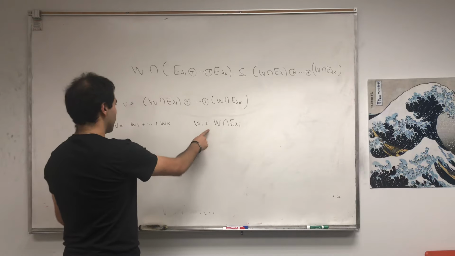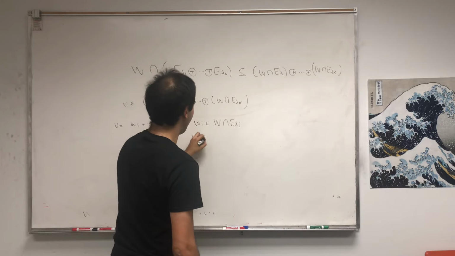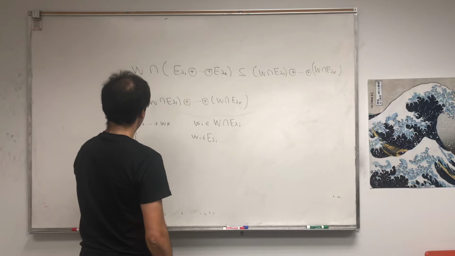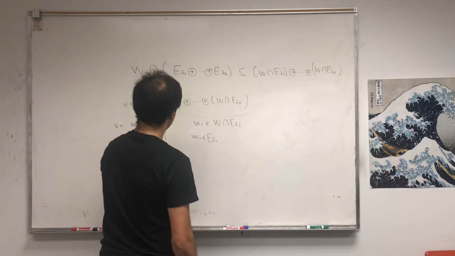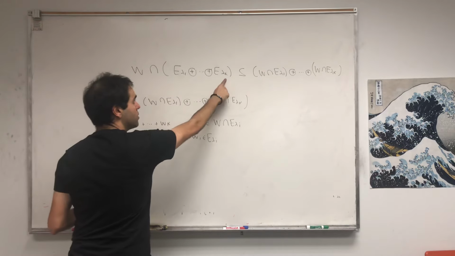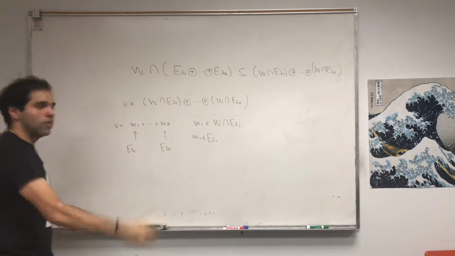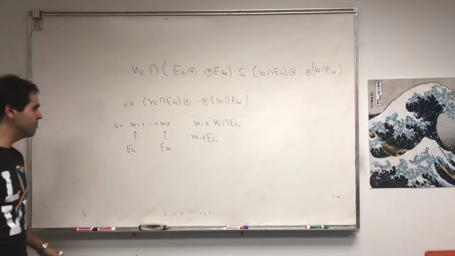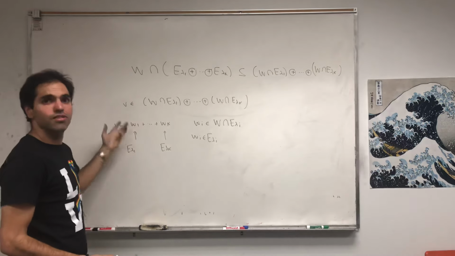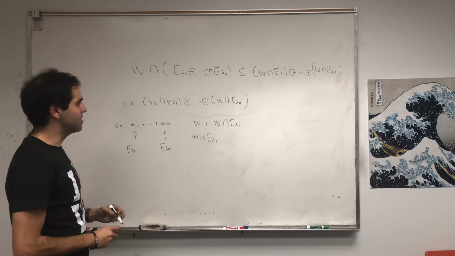Then in particular, on the one hand, Wi is in E of lambda i, so V is in the sum of those things. And you can also show it's in the direct sum just by setting this equal to 0, and you get all those vectors are 0 by direct sum.